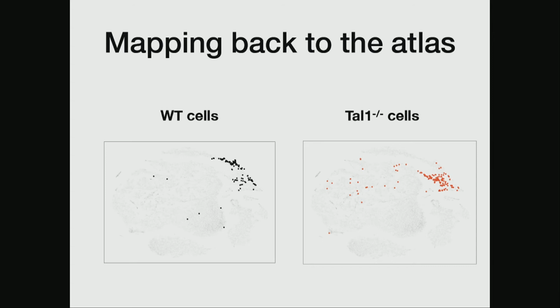If we look at the stages of the cells to which these TAL1 knockout background cells mapped in the atlas, they are almost all of a younger stage than the ones that the wild-type background cells mapped to. And also, these TAL1 knockout cells co-express early mesodermal markers. So there's a whole bunch of evidence here pointing towards the fact that this knockout doesn't just stop them becoming blood, but it's actually slowed down their development entirely.